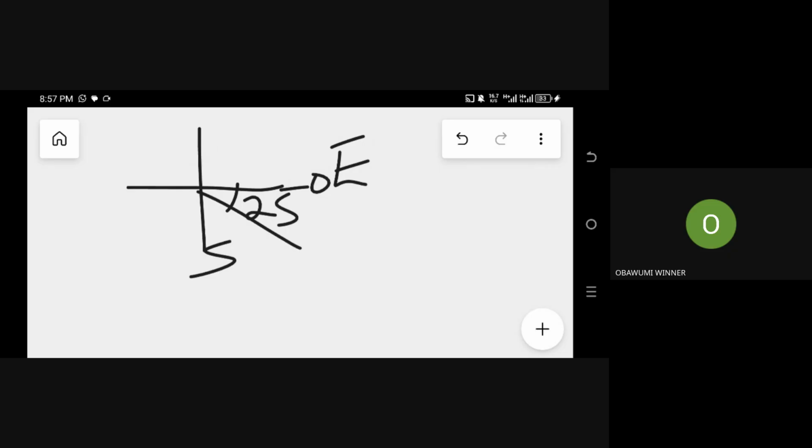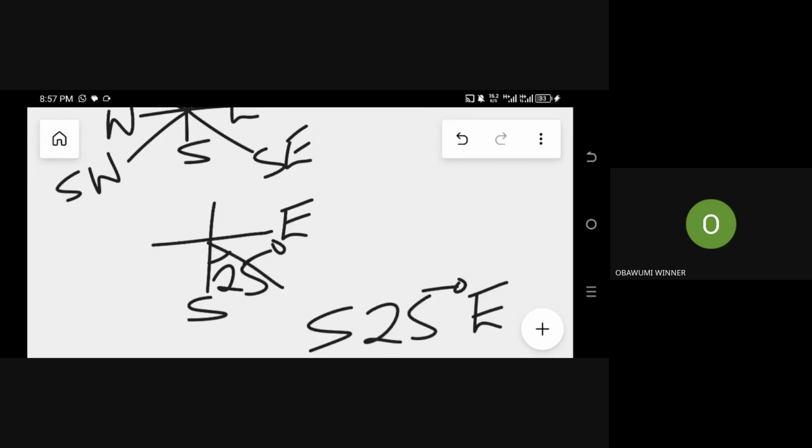The reason is that the 25 degrees is touching the east, whereas it was supposed to be touching the south, because the bearings are read from north or from south.